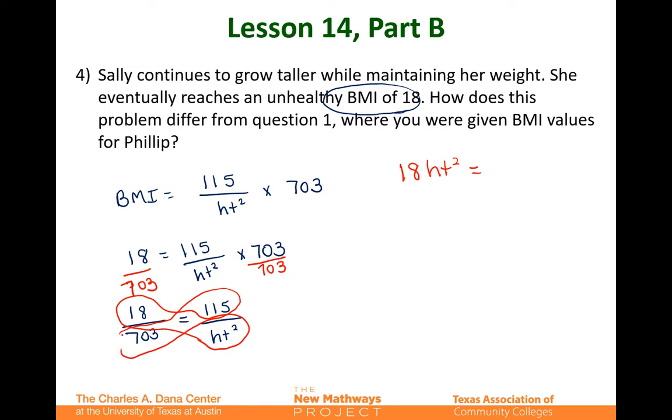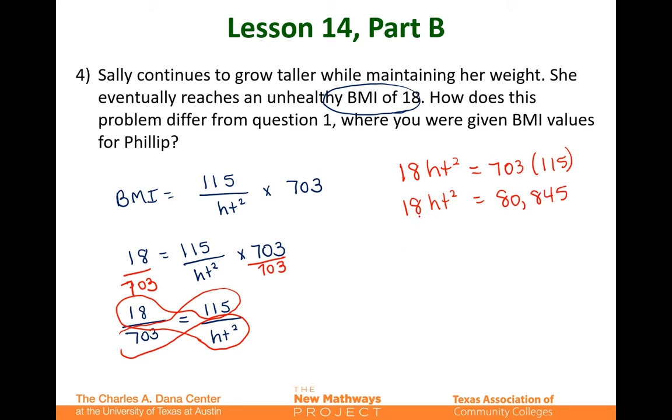It's going to be a big number. 703 times 115. I get 80,845.